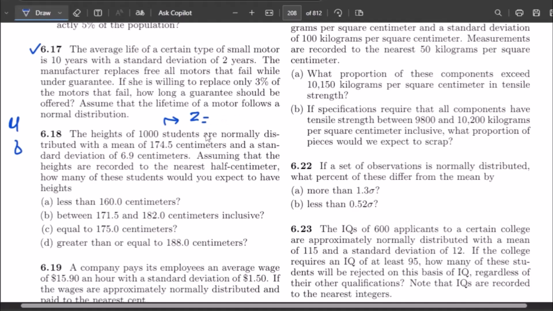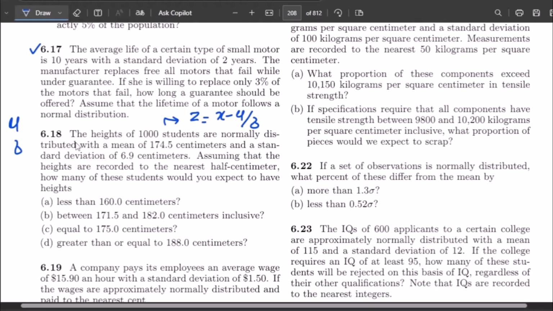And what was that? If we had some value x, then (x minus mu) divided by sigma was the equivalent z, and then we found all the probabilities by using the z distribution table. So this was basically the theme in all of our previous questions.